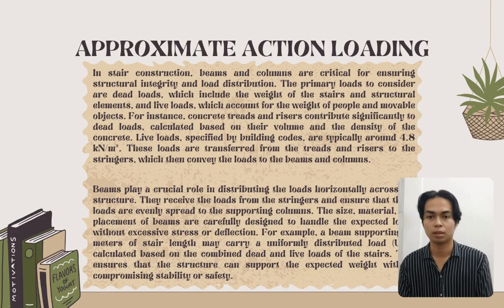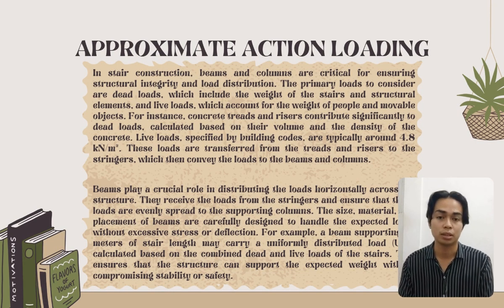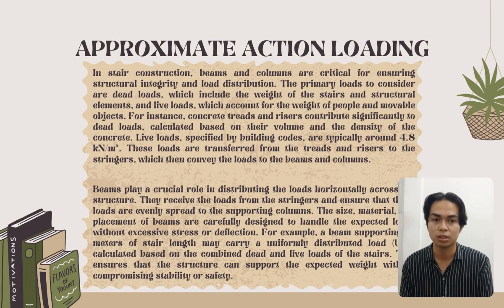Now the approximate loading that happens on the stairs: in stairs construction, beams and columns are critical for ensuring structural integrity and load distribution. The primary loads to consider are dead loads, which include the weight of the stairs and structural elements, and live loads, which account for the weight of people and movable objects.